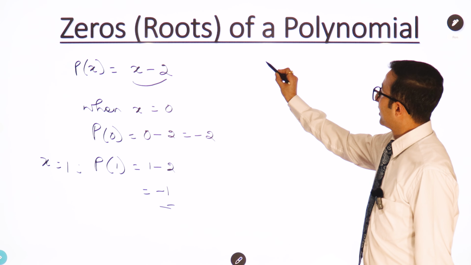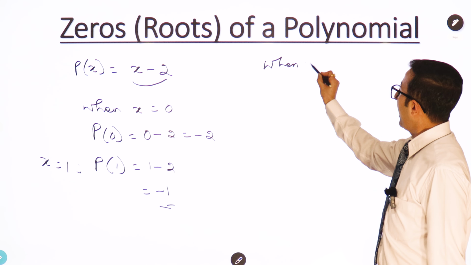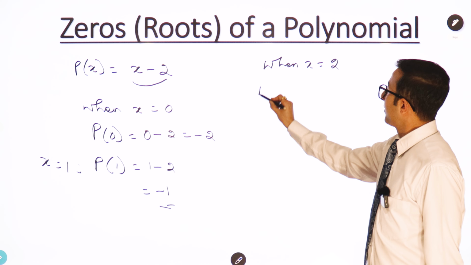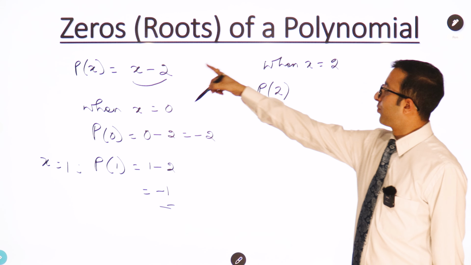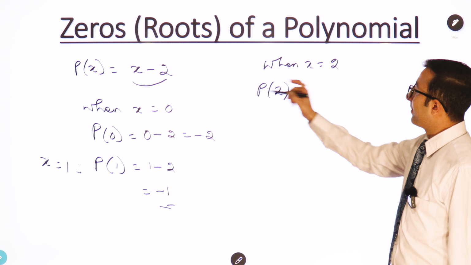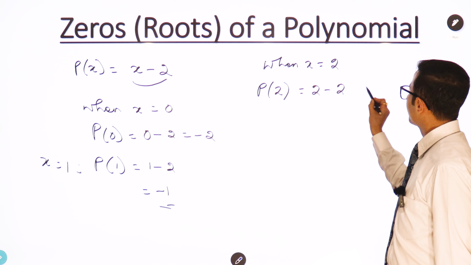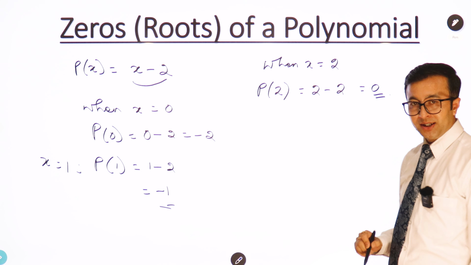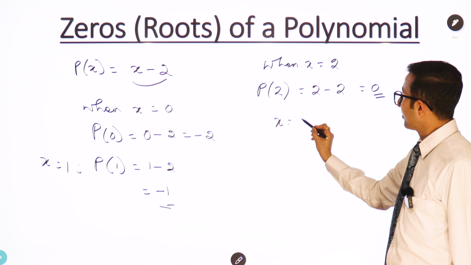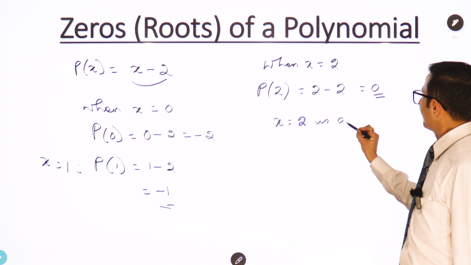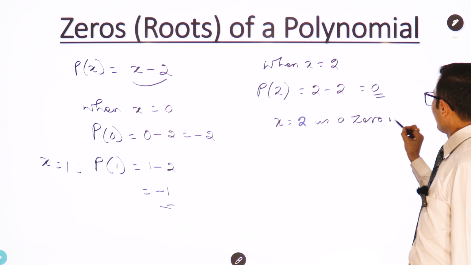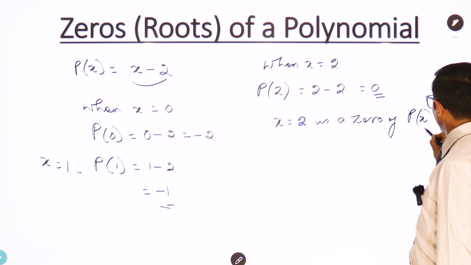But let's see, when x is equal to 2, we find p of 2 with this polynomial. So this x is replaced with 2. 2 minus 2 gives us 0. So in a simple way, x equal to 2 is a zero of the polynomial p(x).